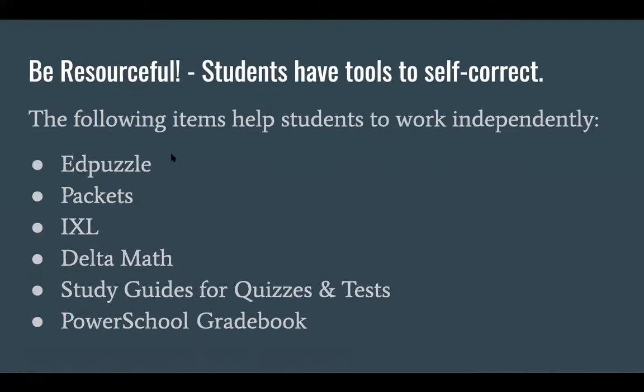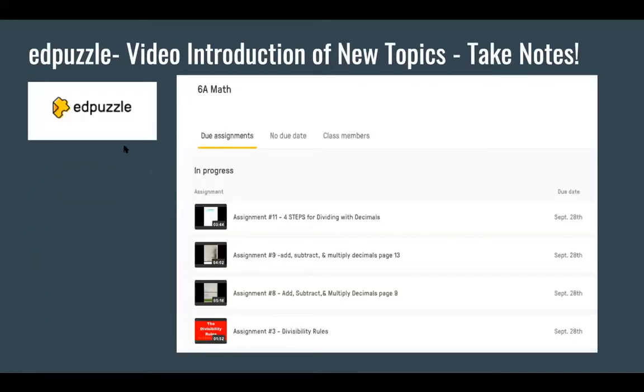So some of the main things we'll use are Edpuzzle, our packets for the chapters, IXL, Delta Math, and they will get study guides for their quizzes and tests. Edpuzzle we use as a way for kids to watch videos, mostly when they are being introduced to new topics.